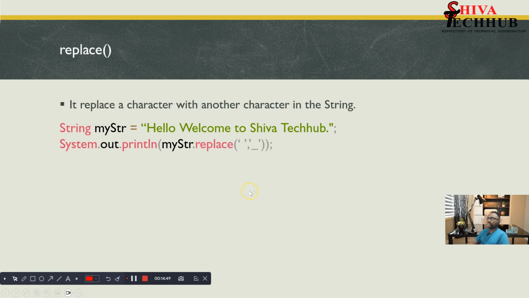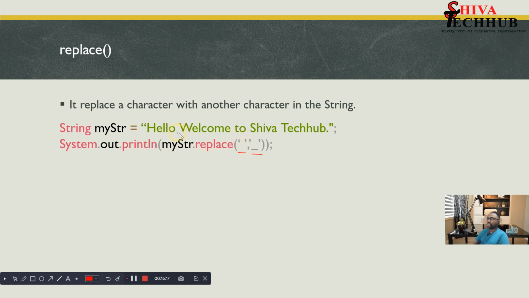Then we'll be looking at the replace function. As the name itself indicates, it replaces one character with another character. This is the character which you want to replace, and this is the character with which you want to replace it. In this case, this is the given string. I want to replace the space, so this represents an empty space.